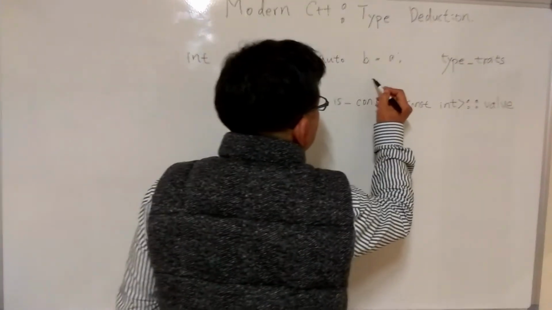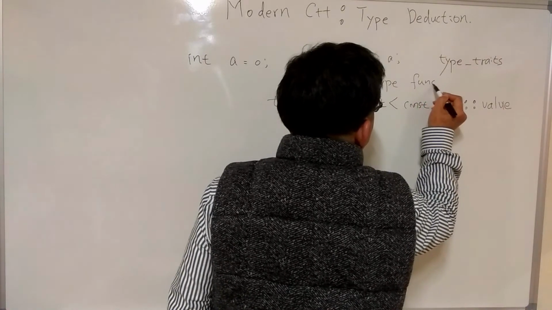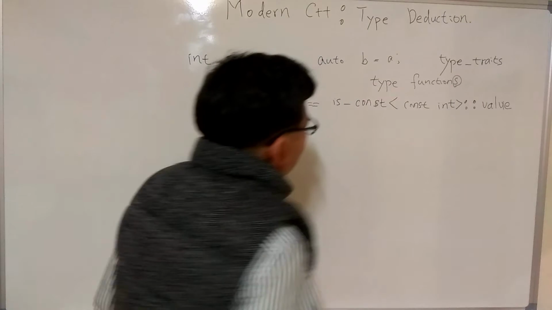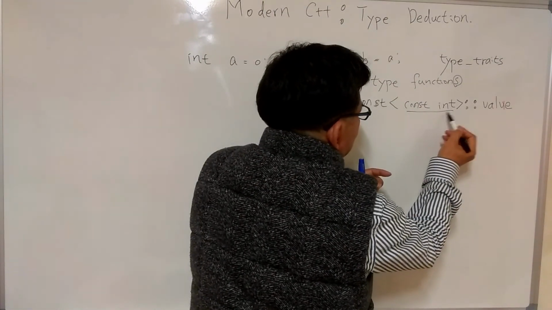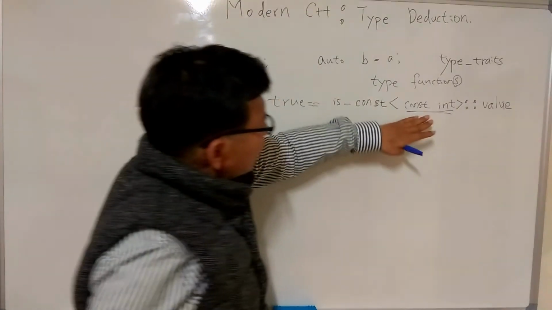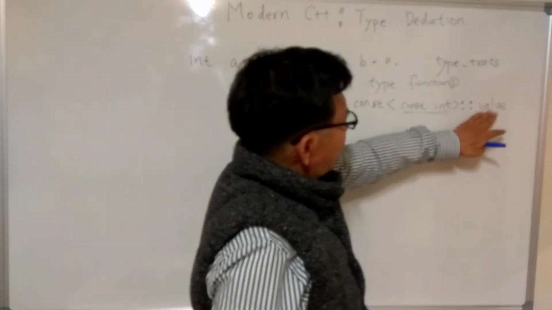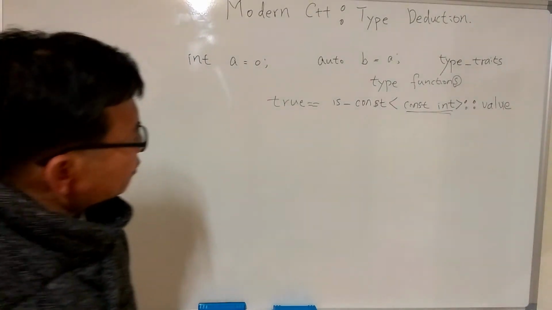A type function gets a template argument as a type and returns a value as a static member like this.